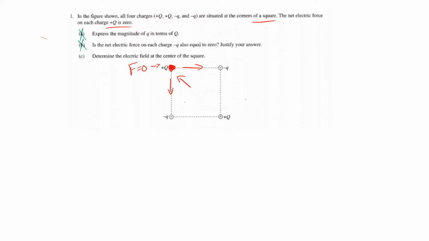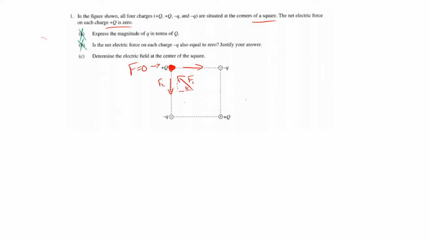So what we're going to do is break it apart into its components. This diagonal one here, this guy here, is going to be some force. We'll call it force 1. We'll call these guys force 2. They're going to be equal, so I'll just call them force 2. What I do know is that this is a 45-degree triangle.